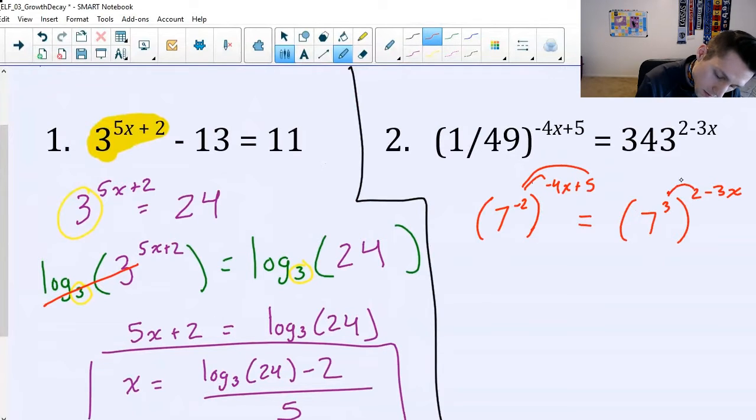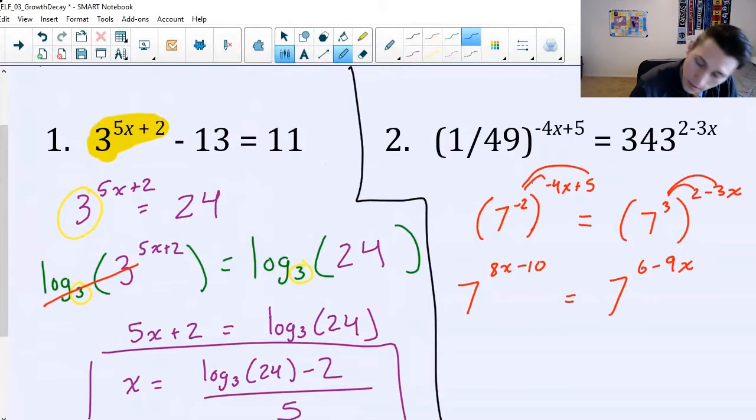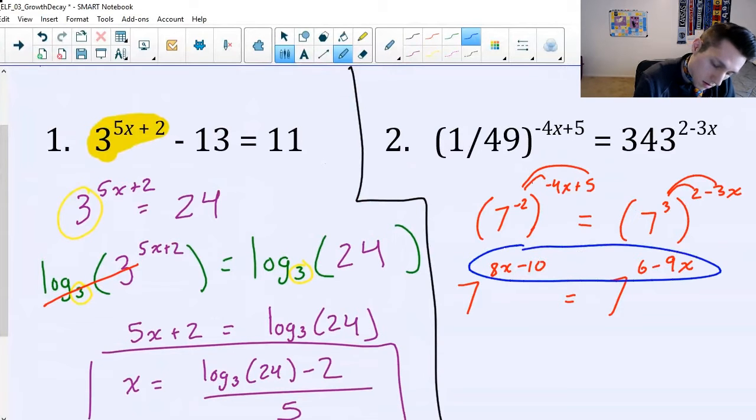Power of a power. So distribute: 8x minus 10, 6 minus 9x. Once we have the bases that are equal to each other, we just set the exponents equal. 8x minus 10 equals 6 minus 9x.